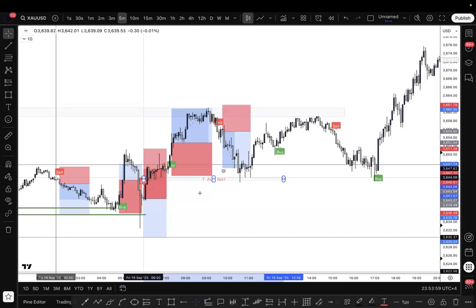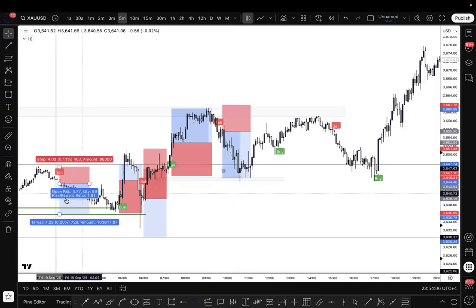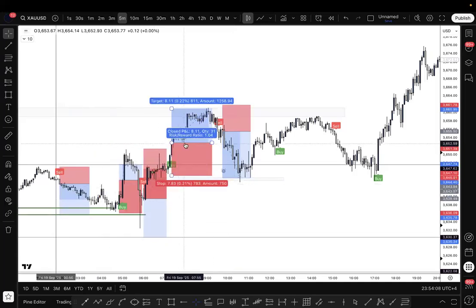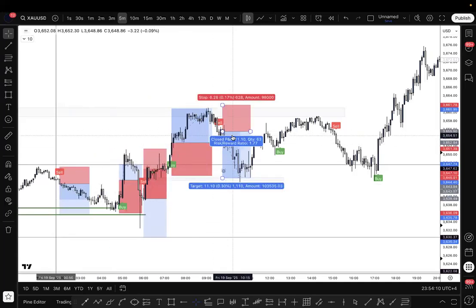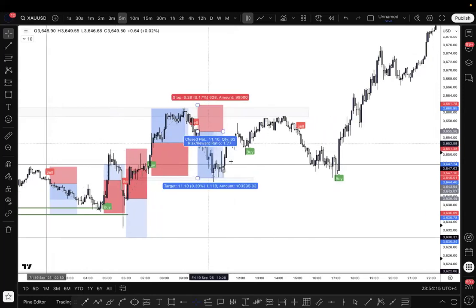If you're targeting the wicks down here, that is approximately how many pips? 101 pips. Now, this is the first trade, second trade, third trade, fourth trade, and this is the fifth trade now, right? So you made money, you're out.